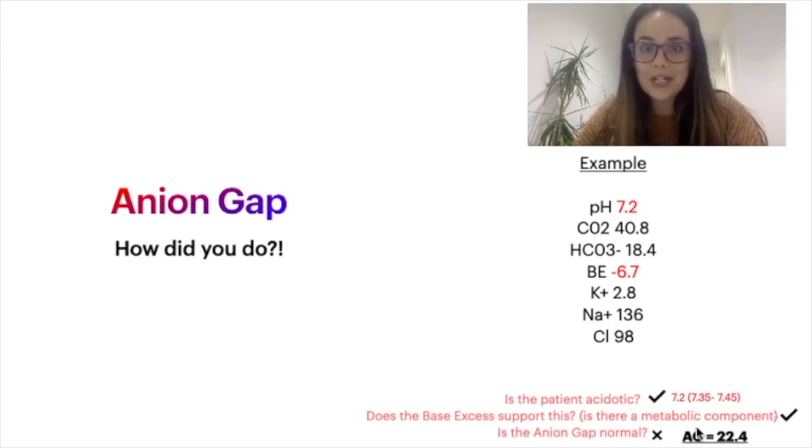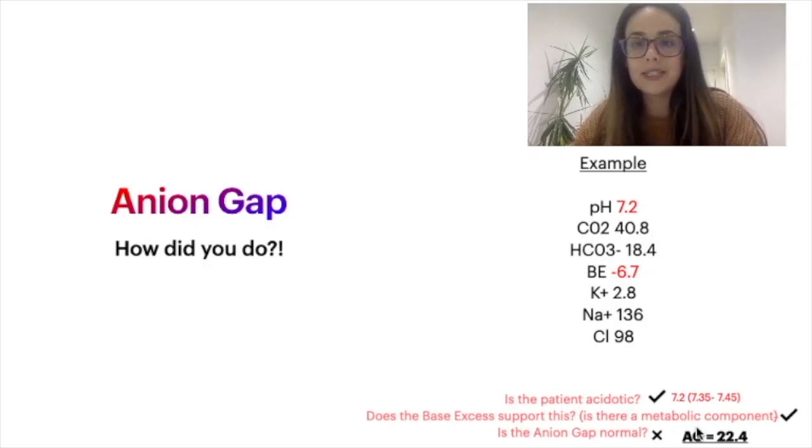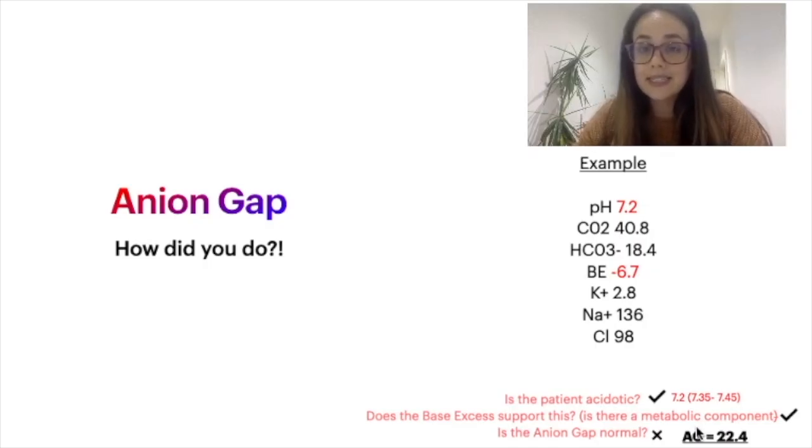Okay, so did you get it? The patient is indeed acidotic. Okay, that pH is 7.2, and normally we want 7.35 to 7.45. Does the base excess support it? Yes, our base excess is -6.7, so it's less. It's more minus than that -4, so that tells us there is a metabolic component going on here somewhere.